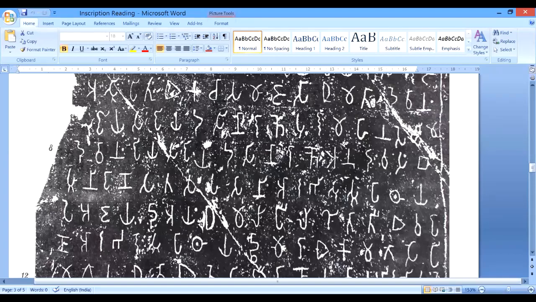Then sa ha. Look at here. Sa and ta and sa and then ha. Even though in between these sa ta ha there are many scratches, you can see sa ta sa ha sra. Sata sahasra. Look. Sata sahasra.